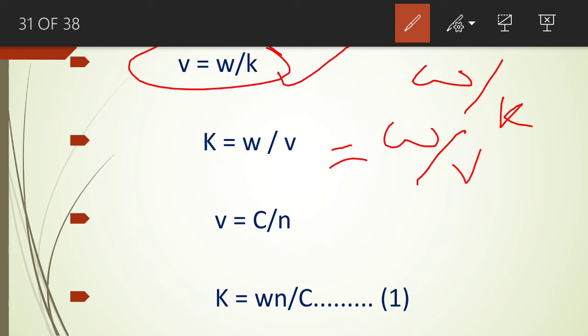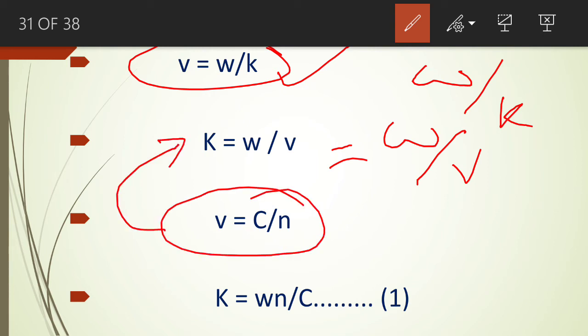If we put the value of v in this equation, because v is equal to c by n, we get another equation for the phase constant. The phase constant will be equal to omega n divided by c.